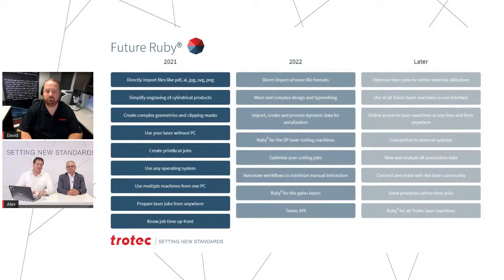And as I mentioned in the beginning as well, really having this community idea, this community functionality with Ruby, to be able to connect not just laser machines, but really all laser users directly in Ruby, and together to grow as a huge, large laser family. And last but not least, we would like to increase the productivity even more by also including functionalities and ideas like predictive maintenance to really maximize the uptime of the laser machine.